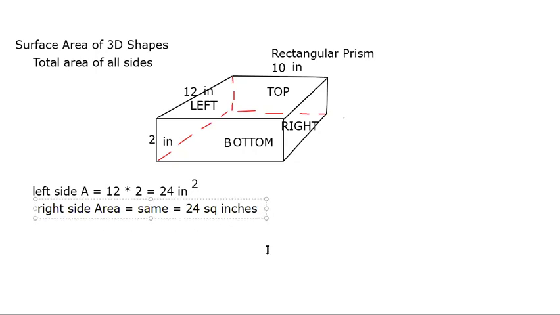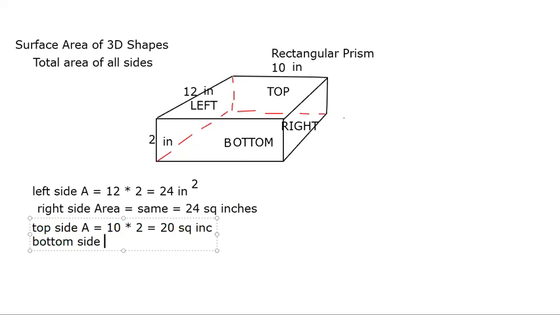The top of the cereal box area equals base times height. 10 times 2, which equals 20 square inches. The bottom, same thing. The area equals 10 times 2, which is 20 square inches.